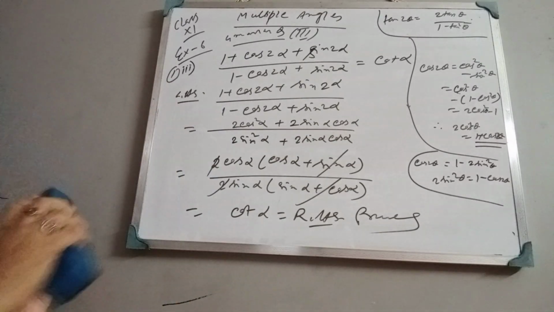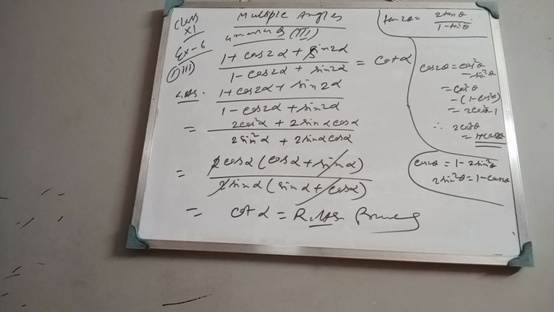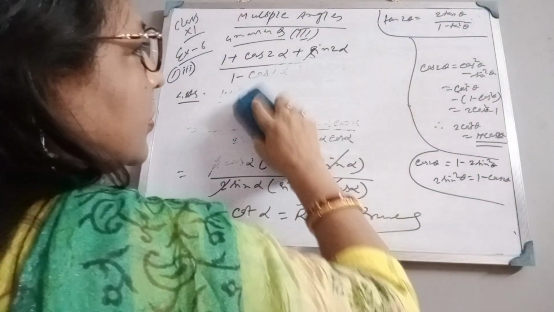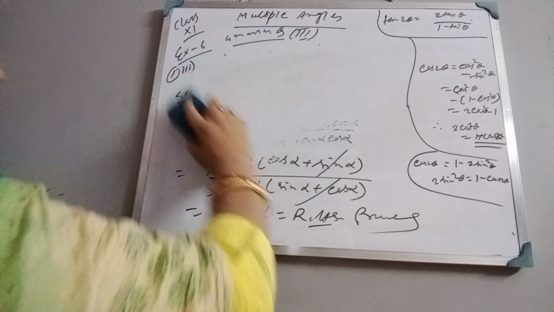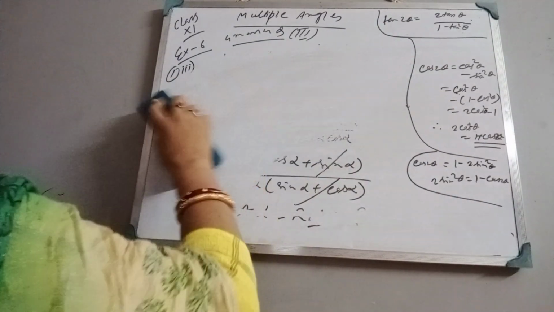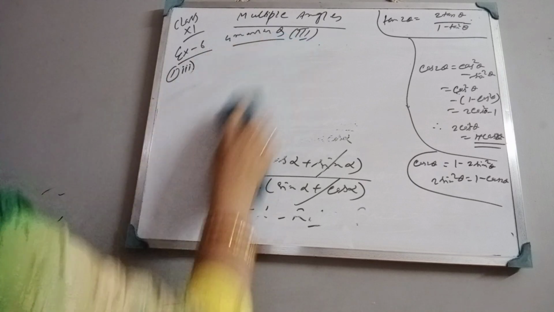Now next sum. Next sum is very good. Let me rub the board. I'm not going to rub this formula because all the time we need this type of formula.